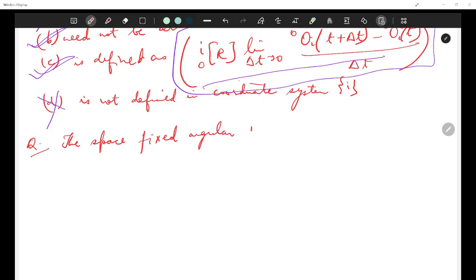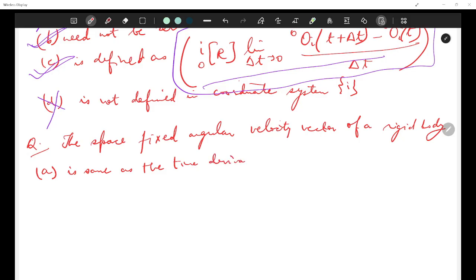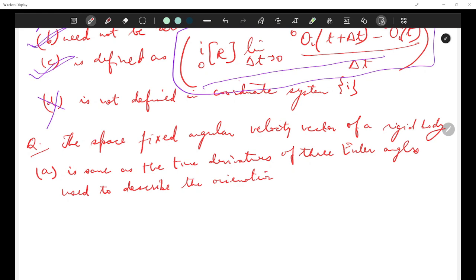The space fixed angular velocity vector of a rigid body is the same as the time derivatives of the three Euler angles used to describe the orientation of a rigid body in 3D space.